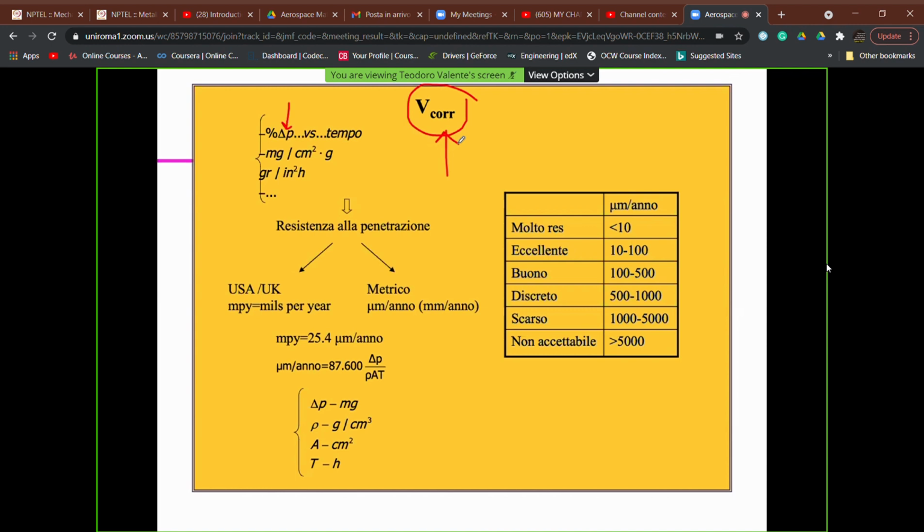Well, the corrosion phenomena, remember, happens on the surface of our material.